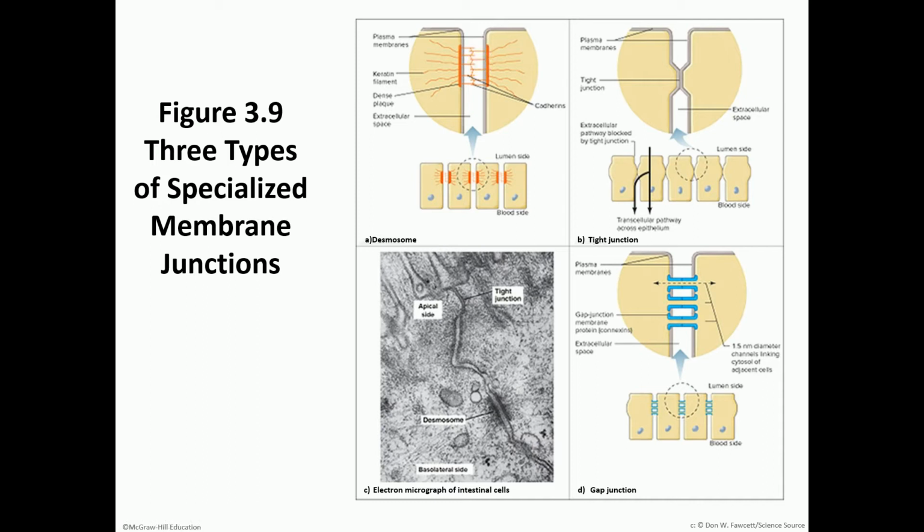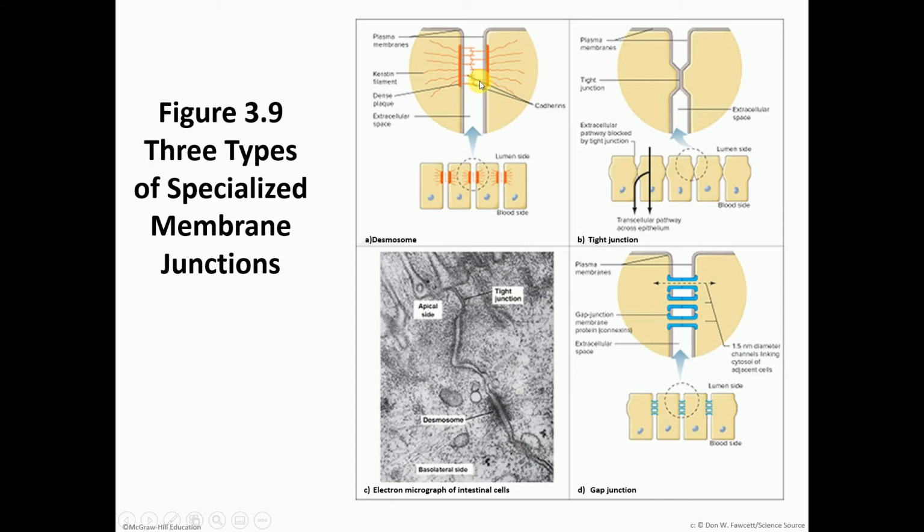Okay, so here is one cell, this is the neighboring cell, and you can see that there is a gap in between. That gap is known as the extracellular space and is full of extracellular fluid. We also have these dense plaques that are found docking by the cell membranes on the inside, and you could find extensions like these orange spider webs made out of different proteins, and these proteins are called cadherins.